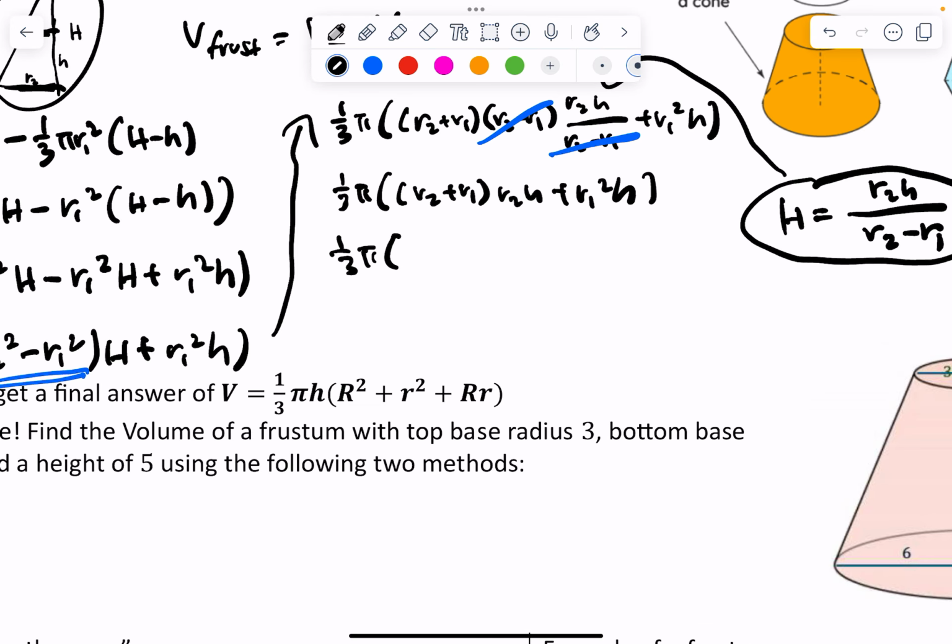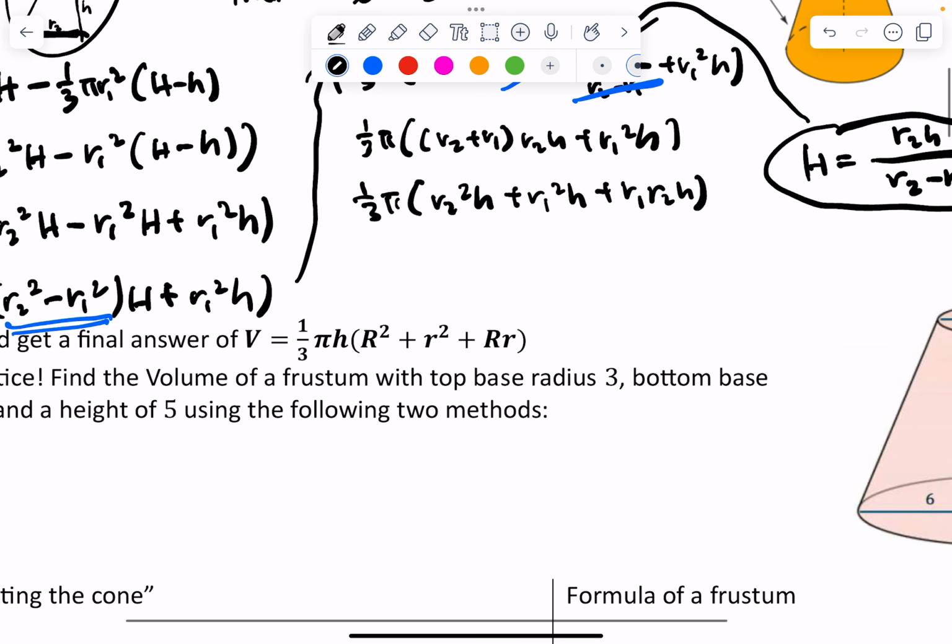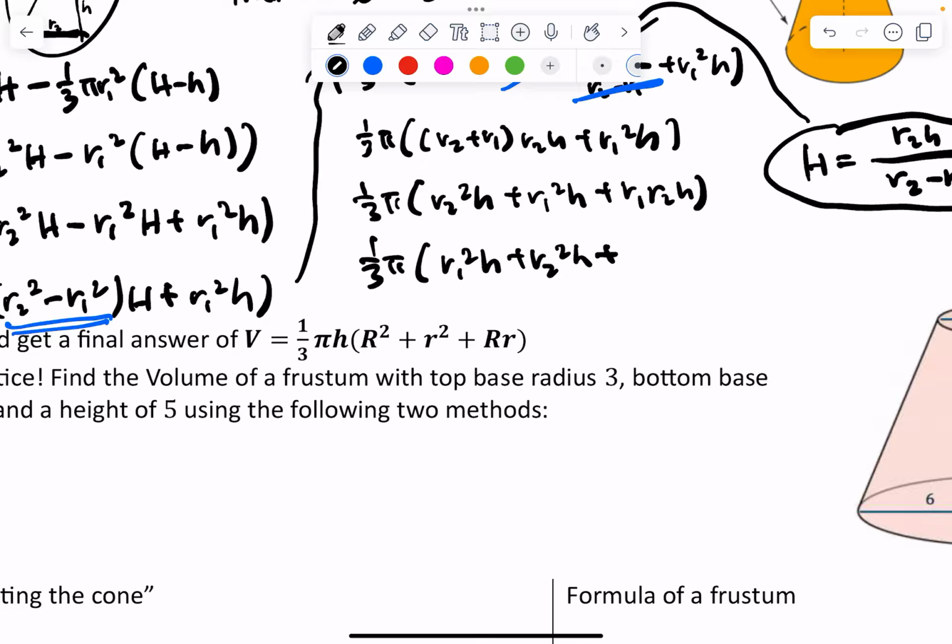And with some simplification, which simplifies to this, we can just take the h out here, right? Sorry. Plus R1 R2. And this is exactly the same formula as this.